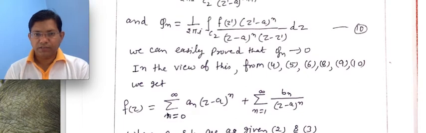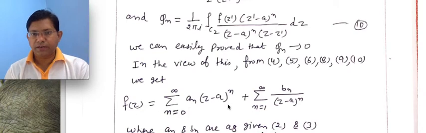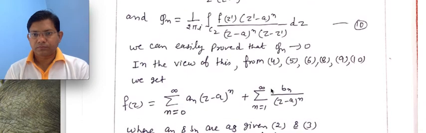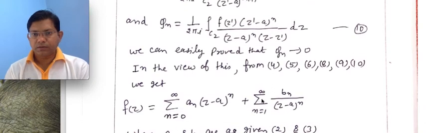we will get f z equal to summation n equal to 0 to infinity a n (z minus a) raised to power n, plus summation n equal to 1 to infinity b n upon (z minus a) raised to power n, where an and bn are as given in 2 and 3, and this equation is our Laurent series.